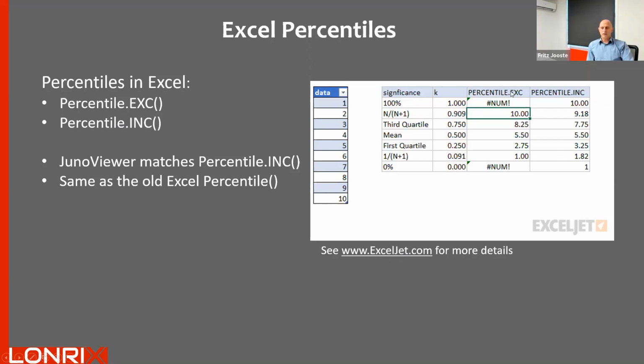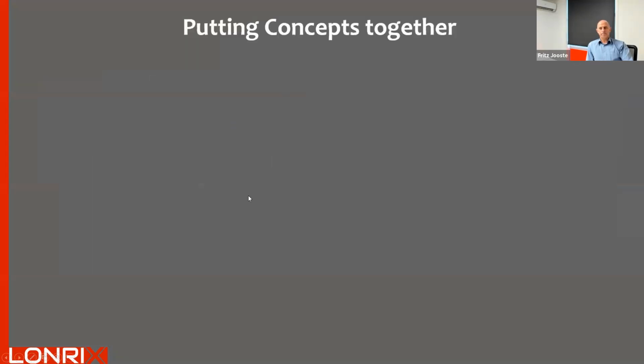You can see that for the .EXC variant, you can, in some cases, get an error in the formula if you're asking for the percentiles of 1 and 0. Generally, Juno Viewer always agrees with the inclusive value, and therefore we would recommend, if you want to check your answers from Juno Viewer in Excel, use this formula or the old variant, which is simply the percentile.